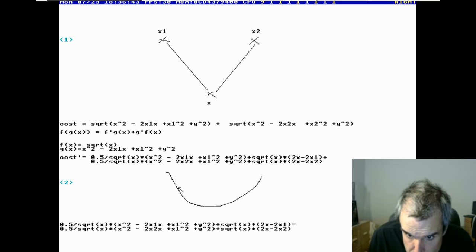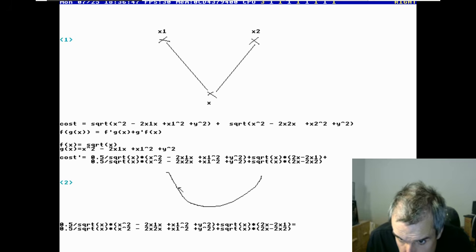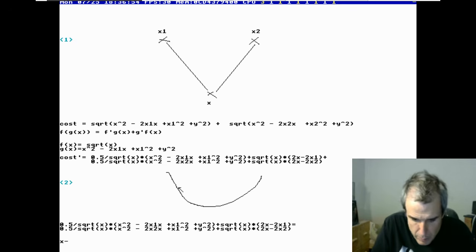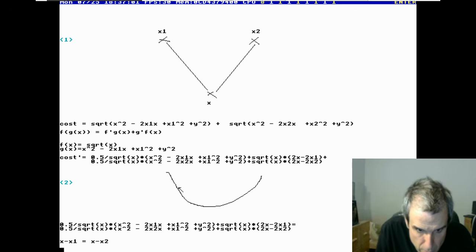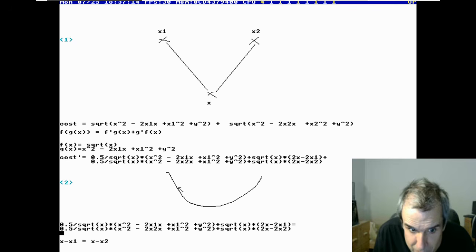0 is a 0. And 2x minus, so x minus x1 is equal to x. How about that? X minus x1 is equal to x minus x2. And the solution is, what if we didn't have?